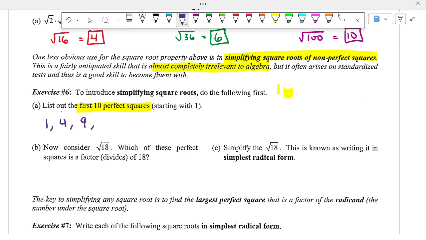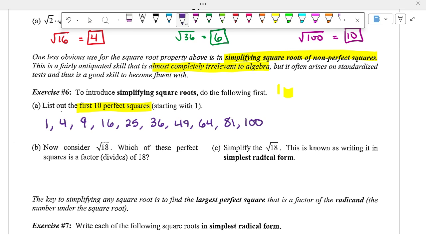Next. 16. Next. 25. Next. 36. Next. Next. Next. And finally, so that is the first 10 perfect square numbers. If you squared 1 through 10 in that order, those would be the numbers that you get.